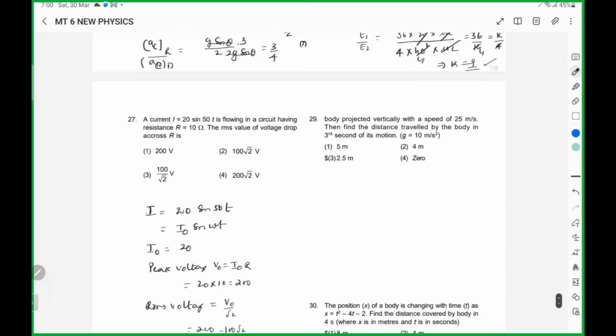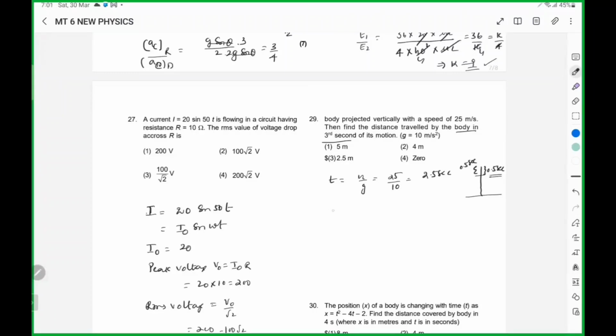Here a body is projected vertically up with a speed 25 meters per second. Find the distance traveled by the body in the third second. So time of ascent is u by g, so 25 by 10, that is 2.5 seconds. So here third second journey means 0.5 seconds of upward journey and 0.5 seconds of downward journey.